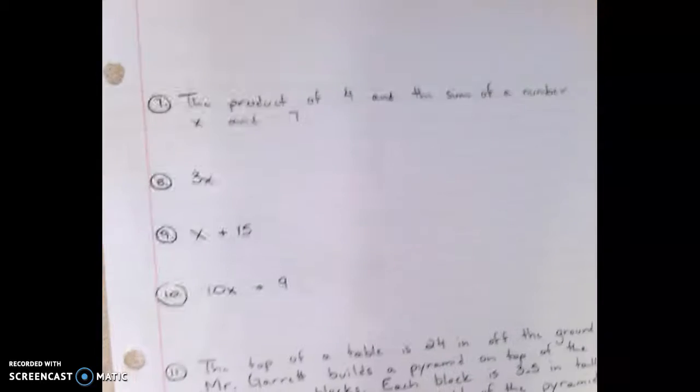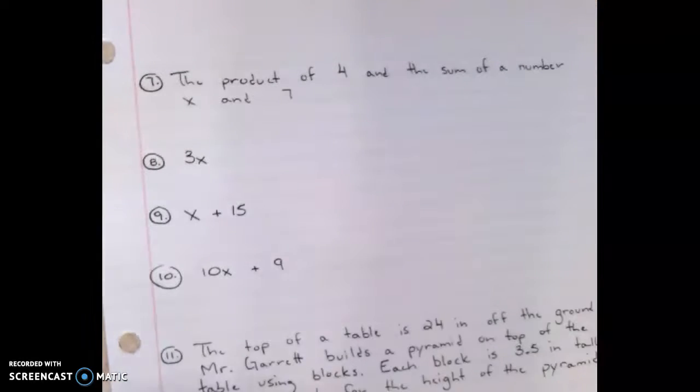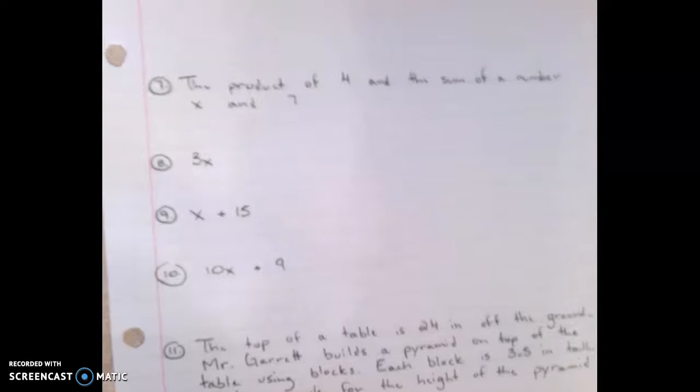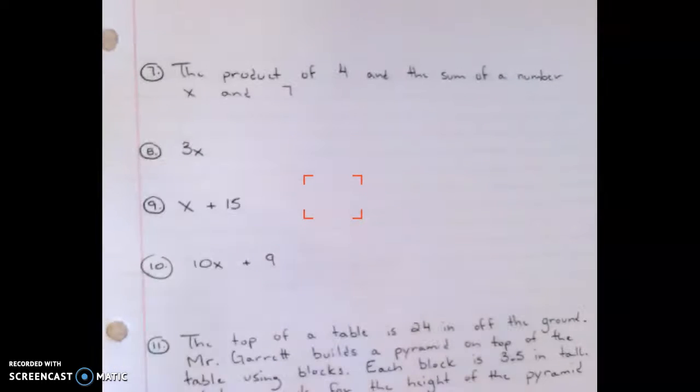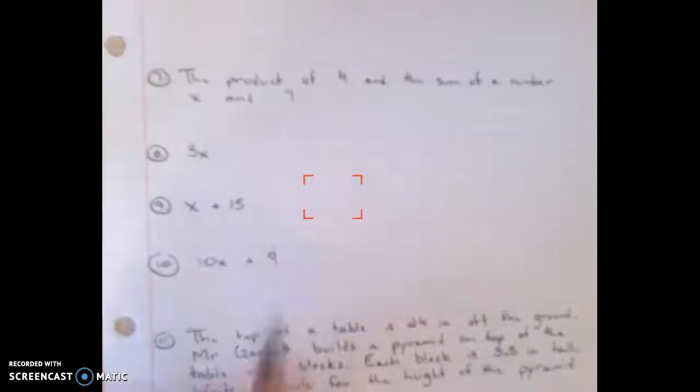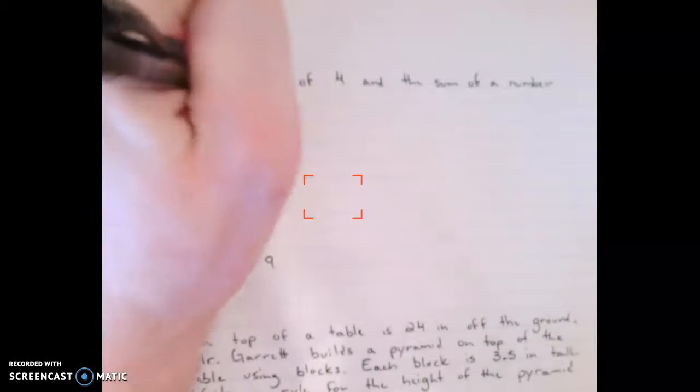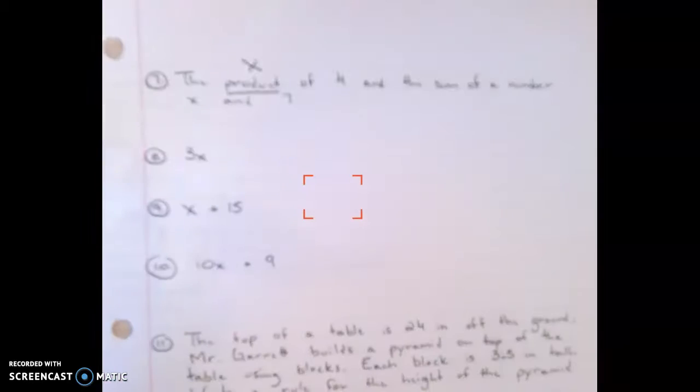Moving ahead, number 7, we have the product of 4 and the sum of a number x and 7. So as we solve this one here, we have the product of 4 and the sum of a number x and 7. So another two-part question here. The product, that refers to multiplication.